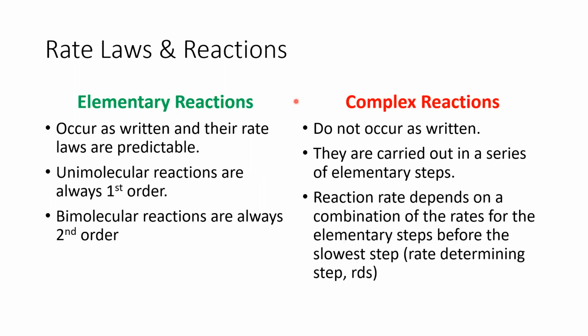The reaction rate is dependent on what's called the rate determining step, which can be shorthanded, so we don't have to write it all out all the time, RDS. Okay, it's the slowest step in a reaction mechanism. In other words, reactions can't go any faster than the slowest step in its reaction mechanism.